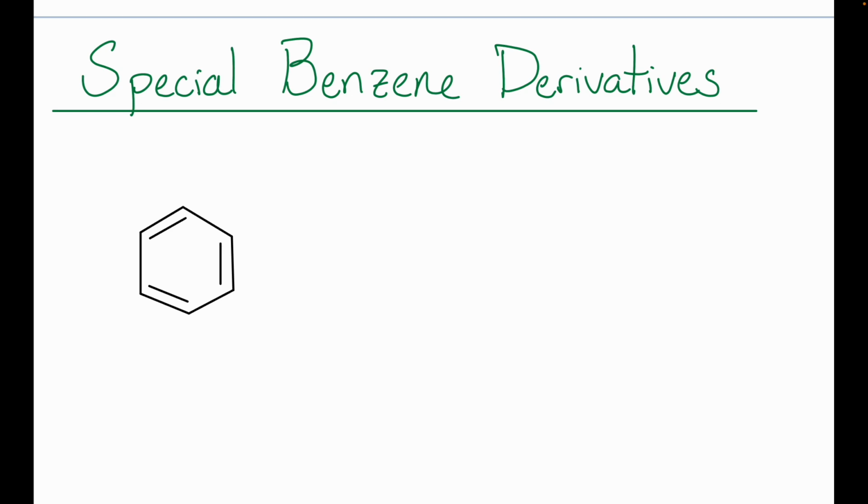So what we're going to do is take these benzene rings and put different functional groups on them.